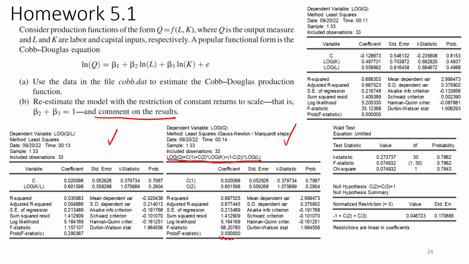Of F is okay. R square is quite high, but its probability is so bad, right? It is greater than 0.1. It means its impact is not significant, not so good.